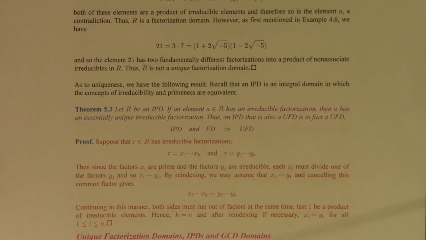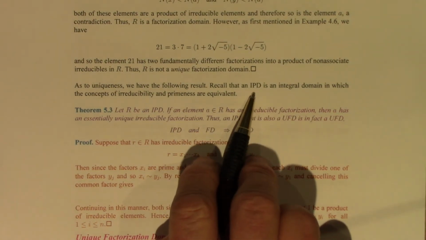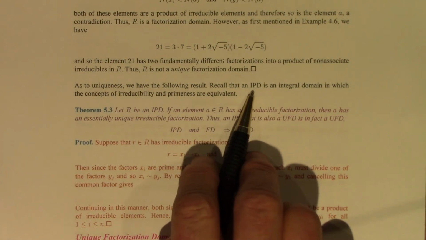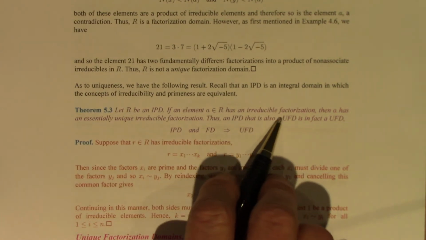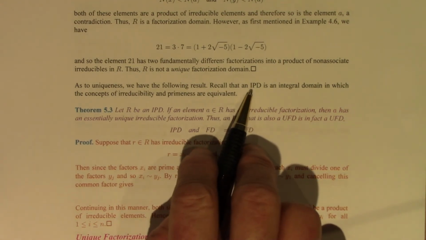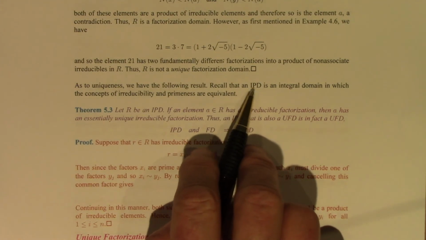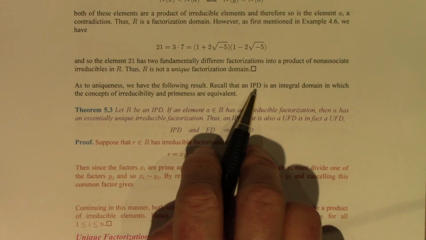I believe I called it an IEP domain before, and I didn't want to redo that lecture, but I decided this might be a better designation. It falls more in line with UFD, unique factorization domain: irreducible equivalent to prime domain. I'm not crazy about it, but at least it conveys the message.